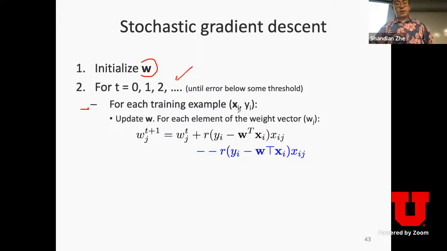We treat this particular example as the entire data set, then calculate the gradient. In this gradient there is only one component: the error difference between y_i and your prediction, times the j-th feature. Then you do the gradient descent, subtracting this gradient. There will be two minus signs here, and they will go positive.